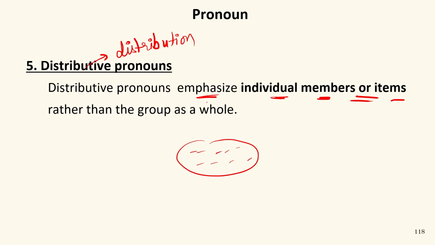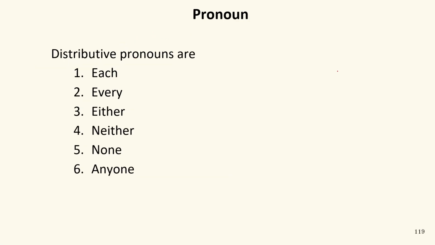Here we are emphasizing each and every member individually. There are some types of distributive pronouns: each, every, either, neither, none, or anyone.